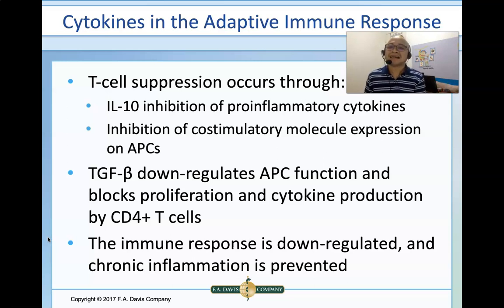Okay, the transforming growth factor beta will downregulate the function of antigen presenting cells such as macrophages and block the proliferation and cytokine production by CD4 positive T cells. So the immune response is downregulated, and that's very important because chronic inflammation could also be prevented.